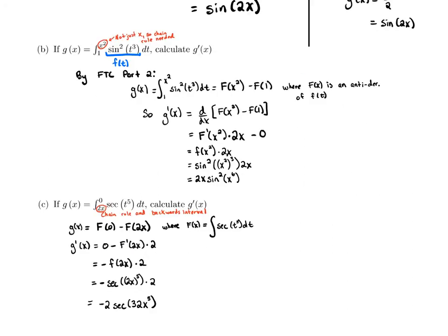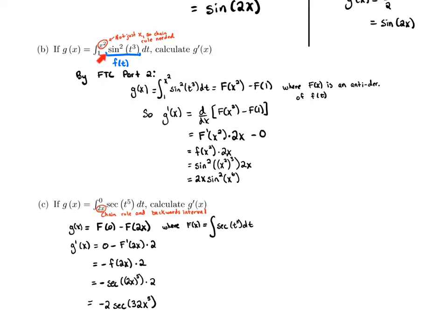Things get a little bit more complicated when we have an area so far function that doesn't vary linearly with x, so it isn't just an x right up here. So in this one we have sine squared of t cubed, and we're integrating from 1 to x squared. That's my g of x, and we want to find g prime of x. What I like to do for these problems is call my integrand little f of t, and I don't actually need to know the antiderivative.